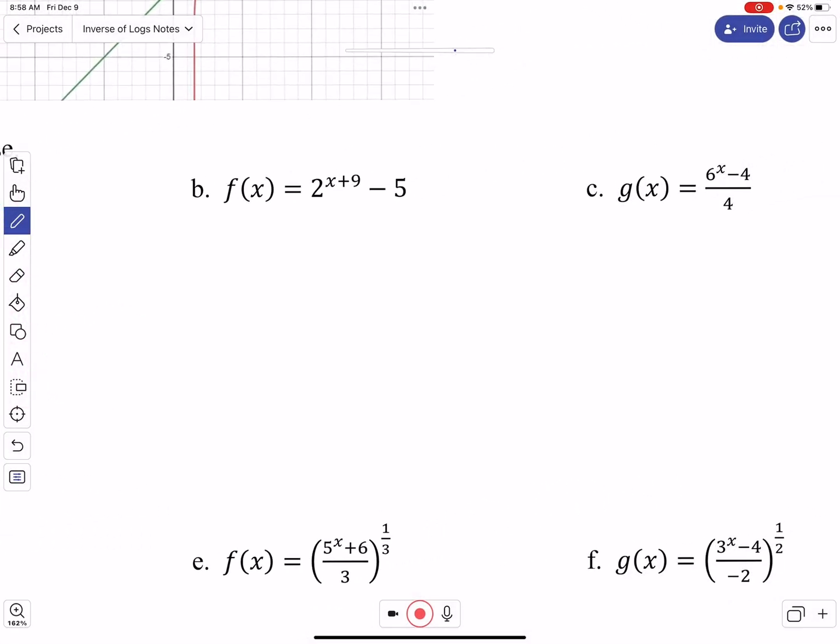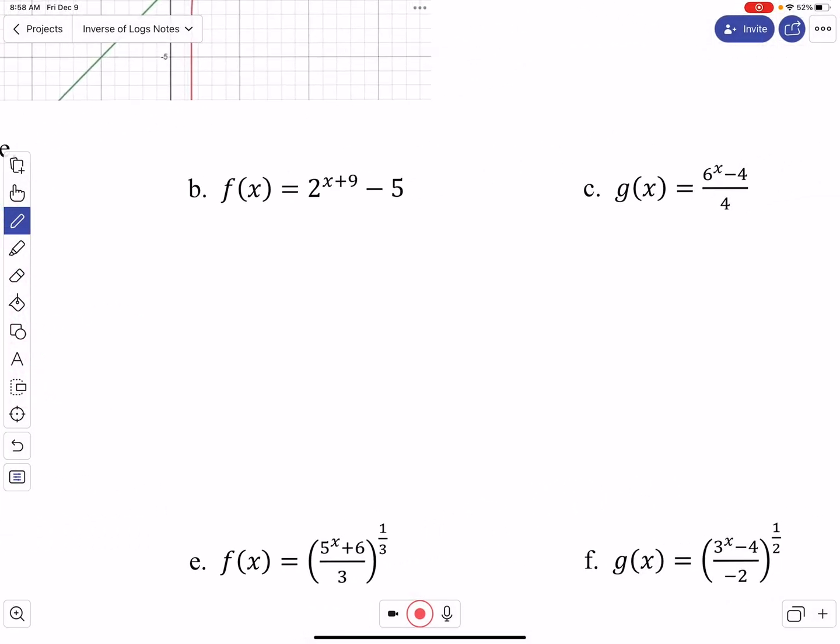All right, so if I look at the next one, remember f of x is the same thing as y. That's just a fancy y. So if I switch x and y again, x equals 2 to the power of y plus 9 minus 5. And again, we want to get that part by itself. So if I add 5 to this side, now I can change it to a log.